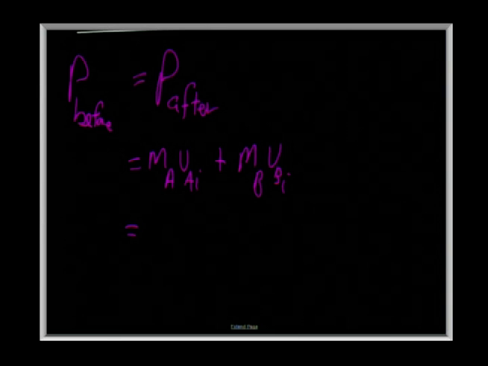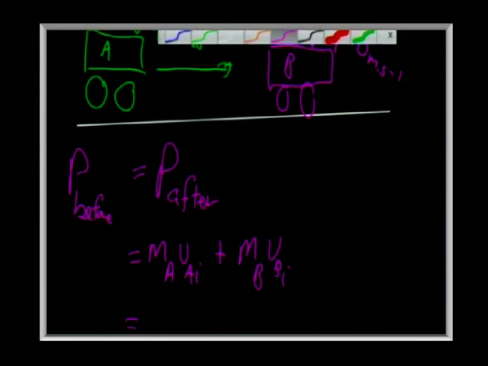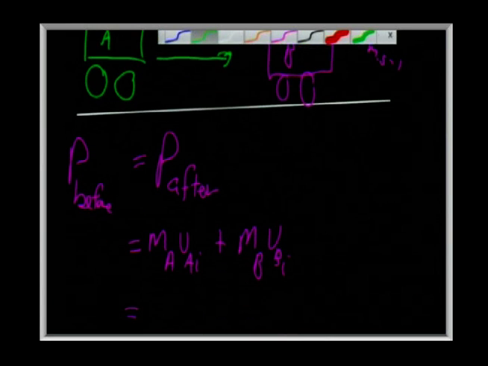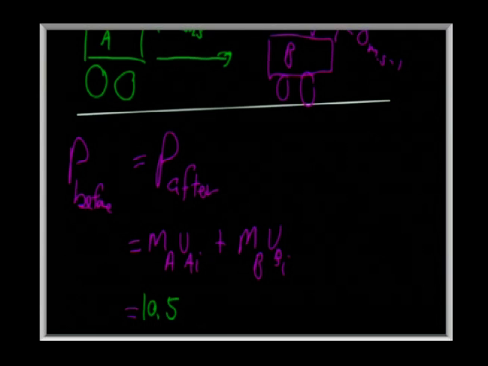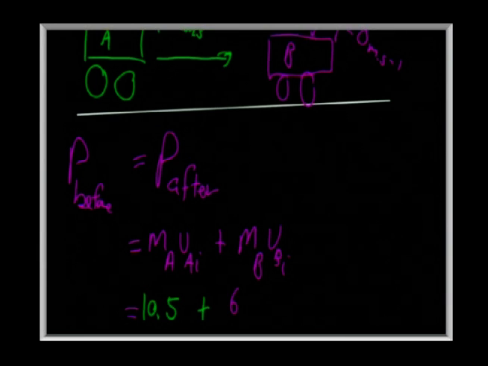Let's substitute the values in from my diagram. The mass of A was 10 kilograms times its initial velocity of 5, plus, go to the pink, a mass of 6 kilograms times an initial velocity of 0.